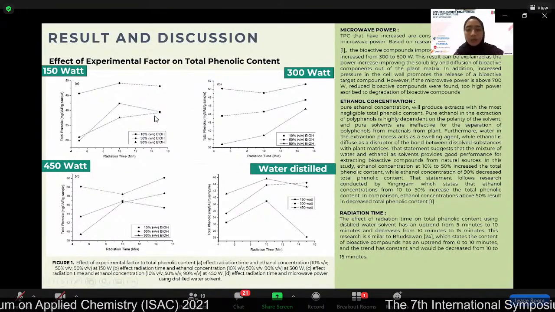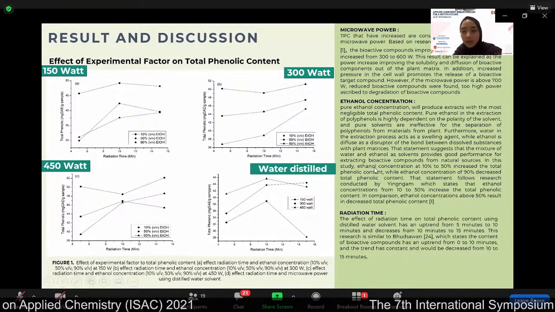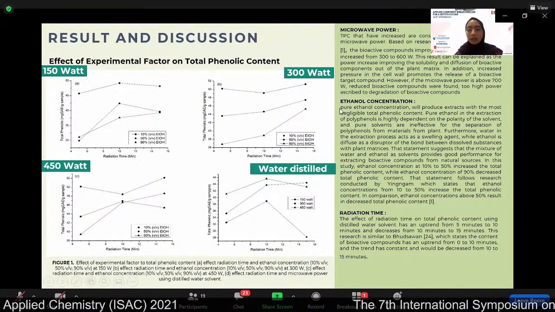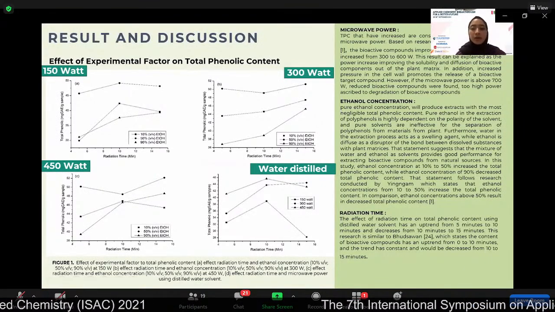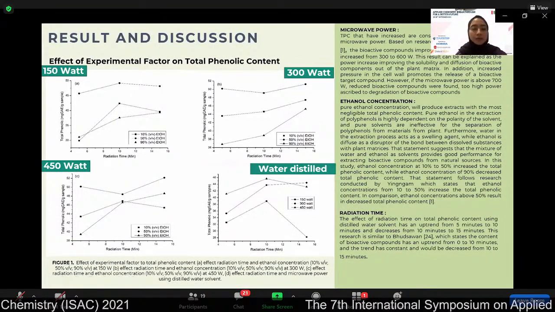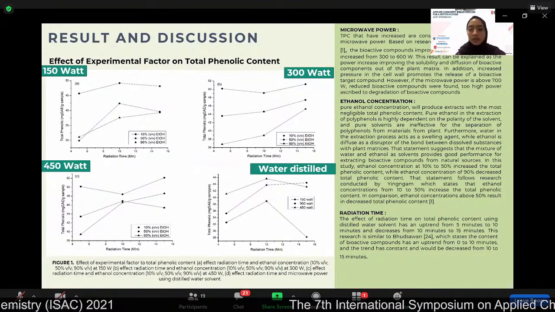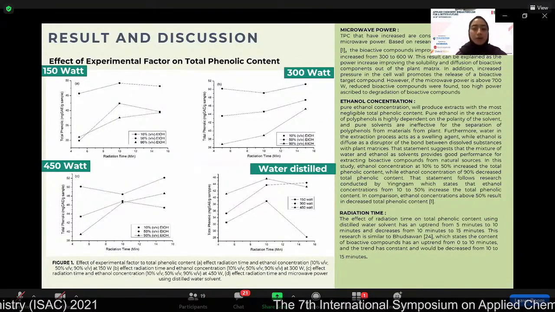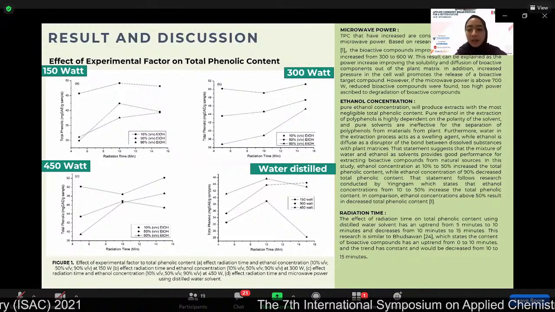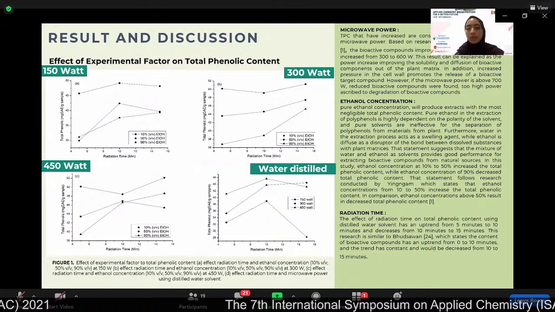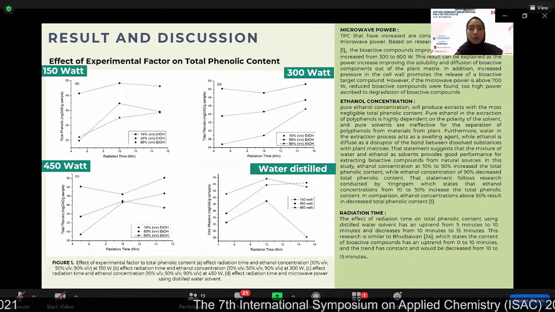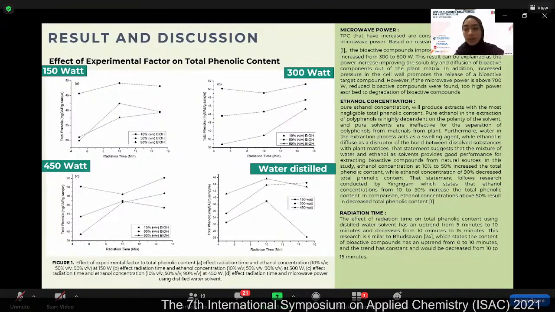From the results, ethanol concentration from 10 to 50% increases the total phenolic content, while an ethanol concentration of 90% decreases it. That statement follows research conducted by Nam, which states that ethanol concentration from 10 to 50% increases the total phenolic content, while ethanol concentration above 50% results in decreased total phenolic content.